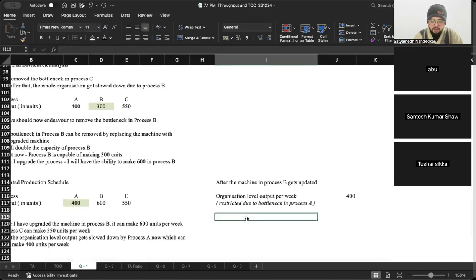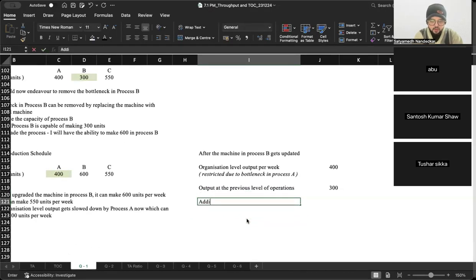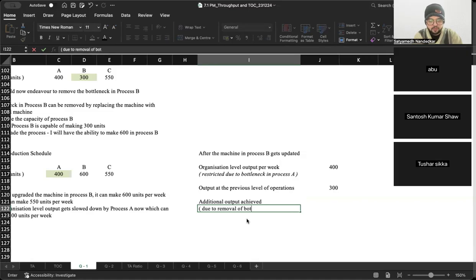And output at the previous level of operations is 300. So what is the additional output achieved due to removal of the bottleneck in B?